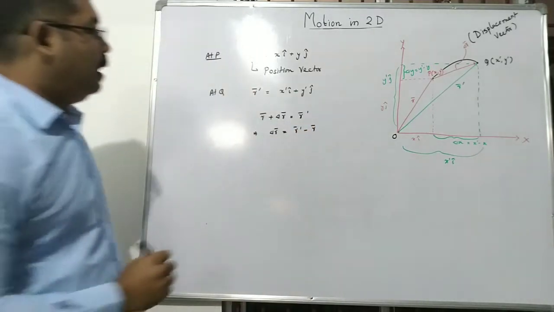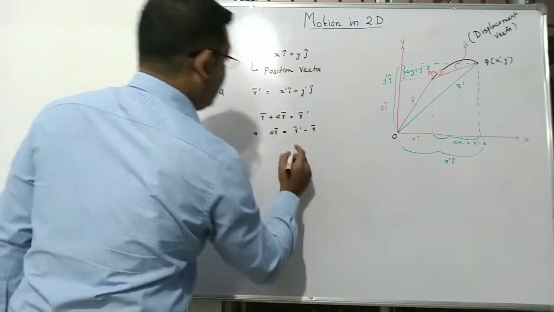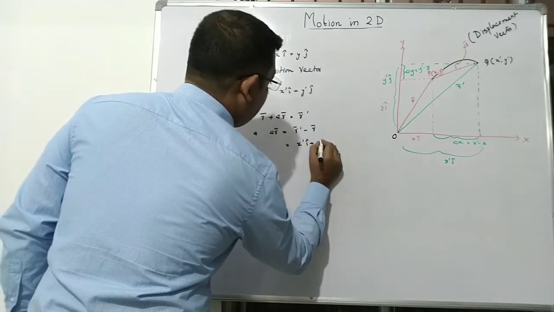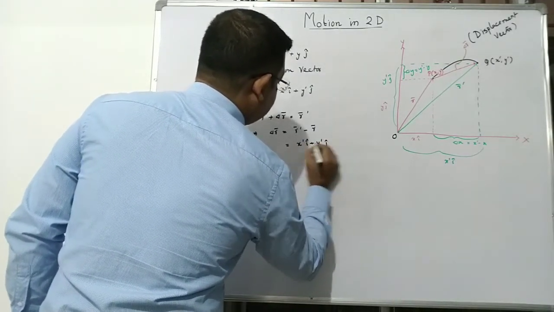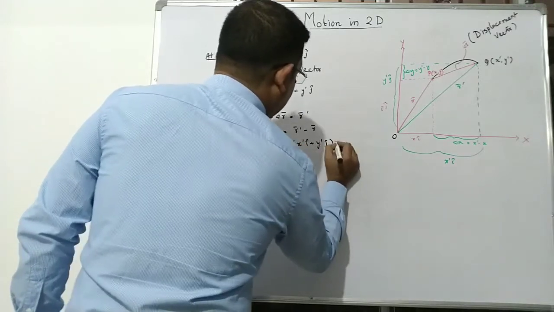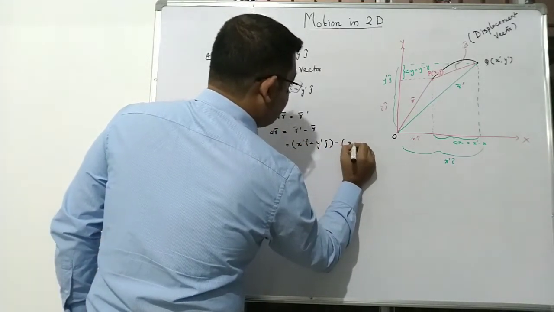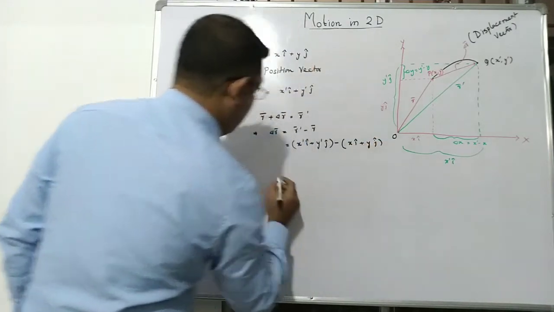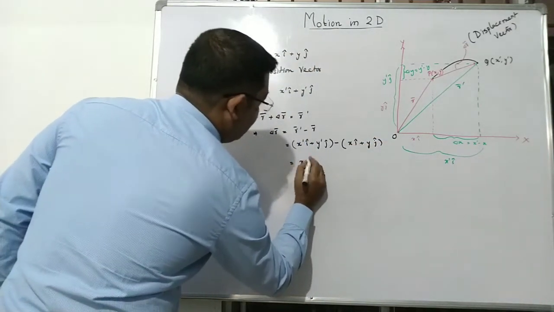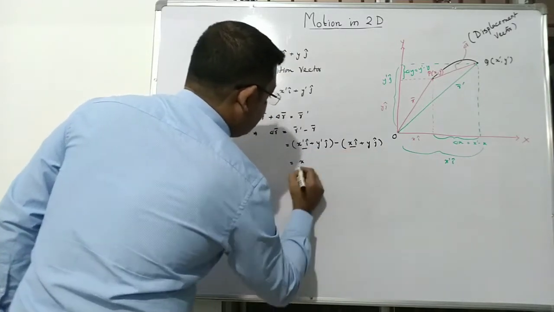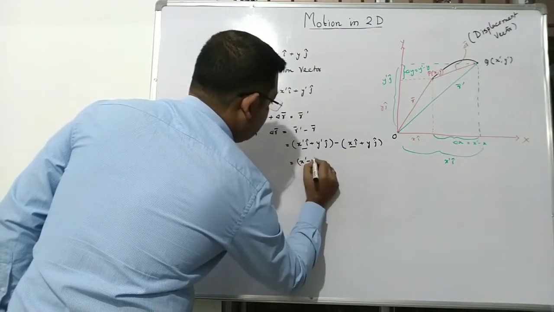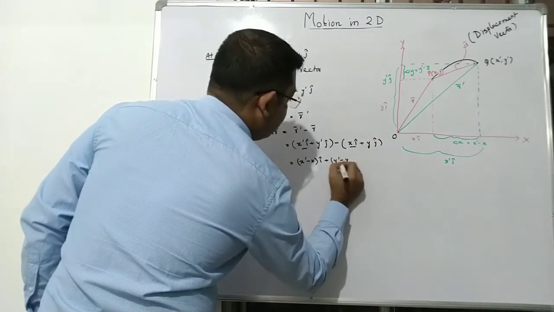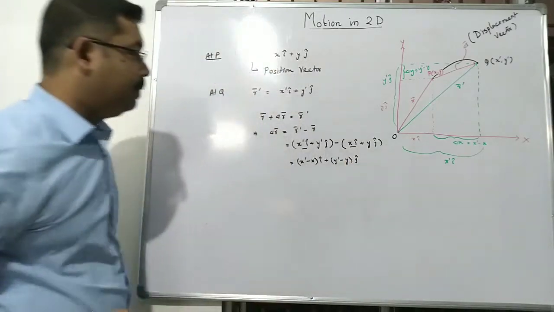or if we express it in terms of the components, then we have x dash i cap plus y dash j cap, minus x i cap plus y j cap. Or in other words, equating the i components, x dash minus x i cap plus y dash minus y j cap.